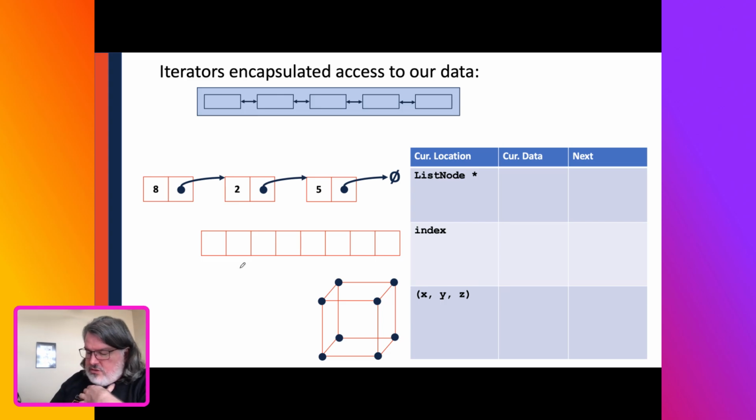how do I get the location in a linked list? We have a list node pointer as our data. We'll call the current data cur. So it is a pointer to a list node. We'd have cur here.